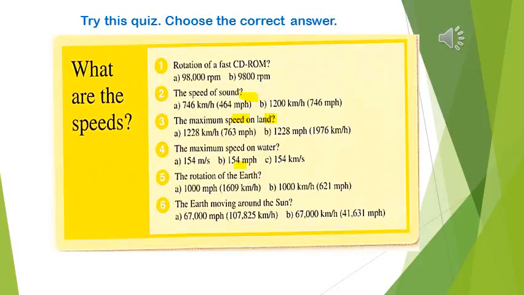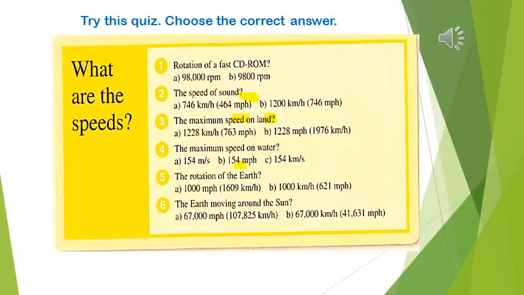Unit 4, Recording 27. 1. A fast CD-ROM can rotate at 9,800 revolutions per minute. 2. Sound travels at about 1,200 kilometers per hour. 3.